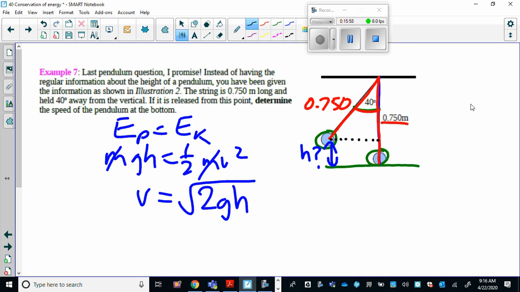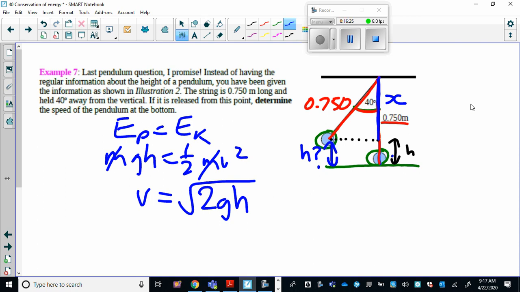We want to calculate h. This is h over here. How can we calculate h? Well, if we calculate this, I need another color, I'll just do it in blue. If we calculate this, let's just call it x, then h is simply going to be 0.75 minus x.